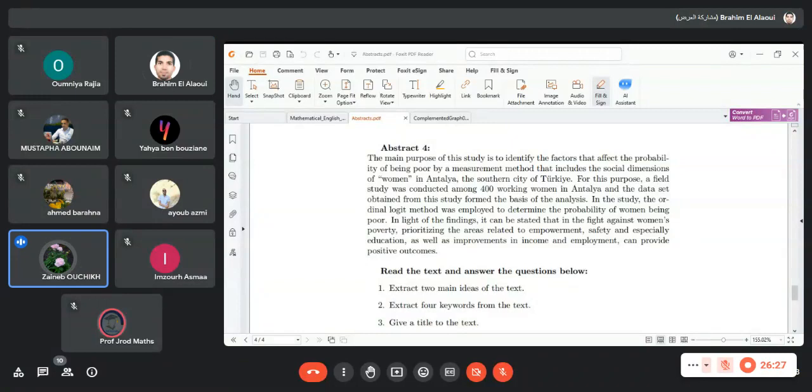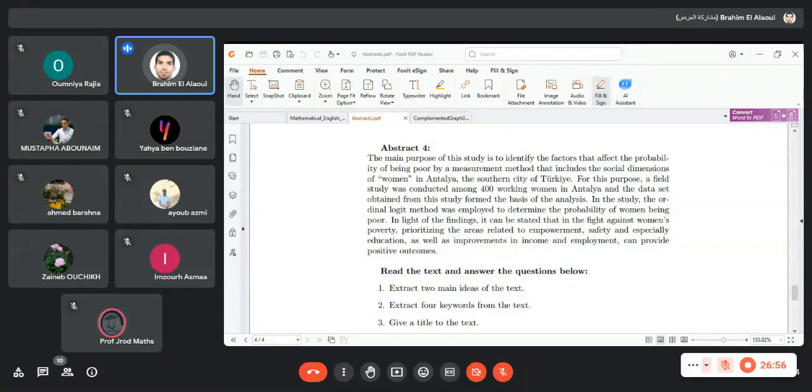I can cite four keywords: ordinal logit method, measurement method. Can you repeat, please, the keywords? Ordinal logit method.